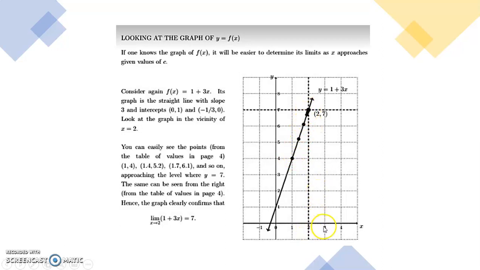Approaching 2 from the right, the values of y go from here up to 7. So they approach the same value of f of x, whether we approach 2 from the left or from the right. From that, we can say the limit of the quantity 1 plus 3x as x approaches 2 is 7.